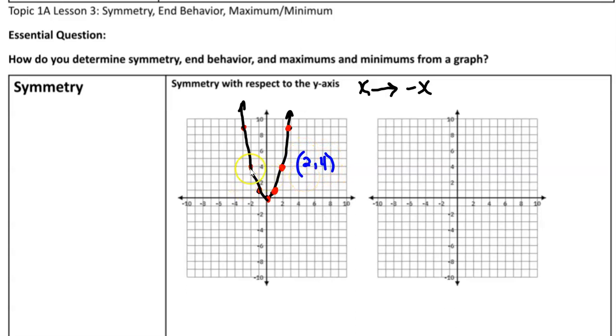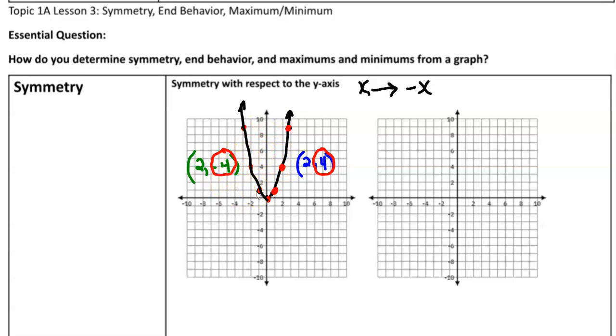Notice on the other side another point is negative 2, 4. This right here tells you that it's got y-axis symmetry, and you can tell that if you folded it over the y-axis, those points would land on each other.